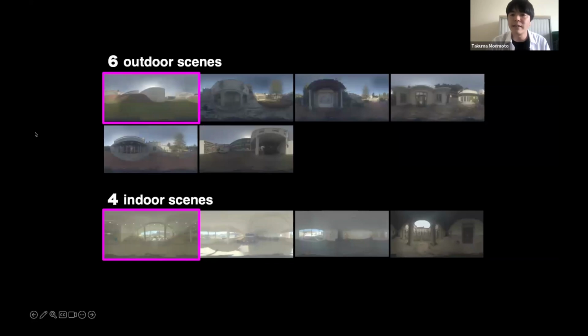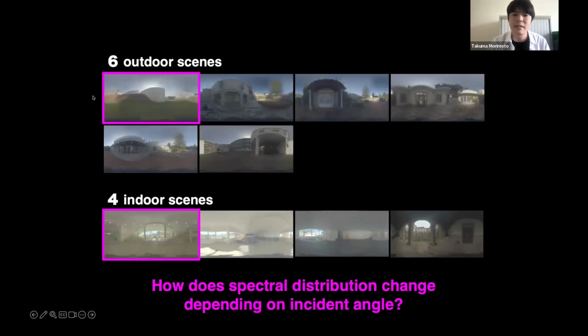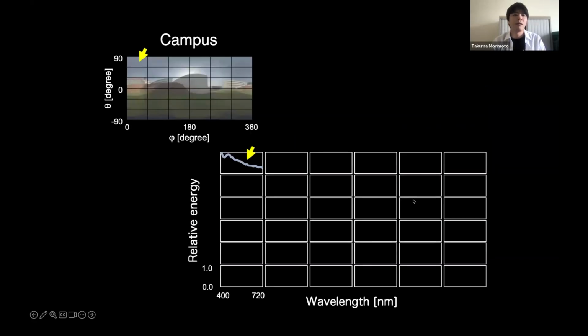So now let's look at how spectral distribution changes depending on incident angle, using these 2 scenes as an example. What I'm showing here is the average spectra across all pixels in this rectangle.